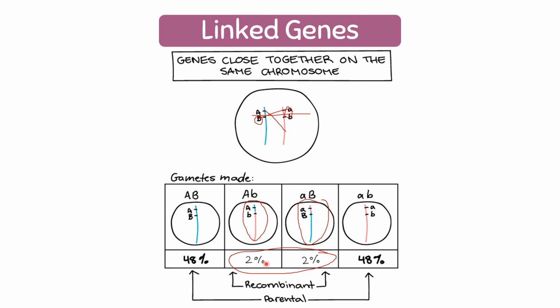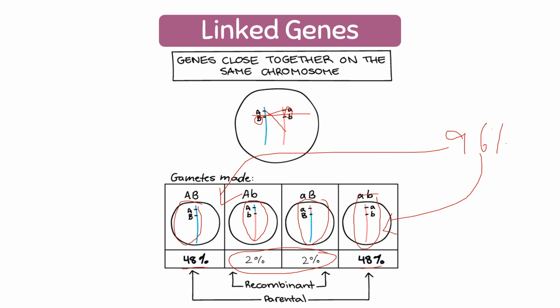So because there is a 4% chance of the recombinant alleles or the linked genes being separated, there is a 96% chance of the genes not being separated. And if we split that into the two possible combinations, we have 48% chance for that happening and 48% chance for this happening.